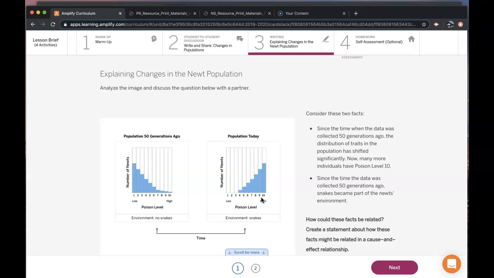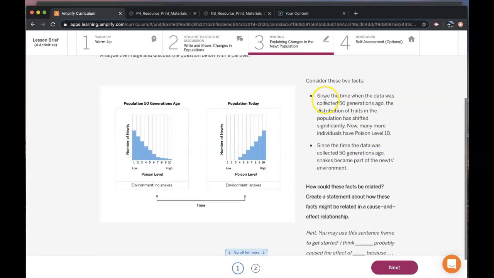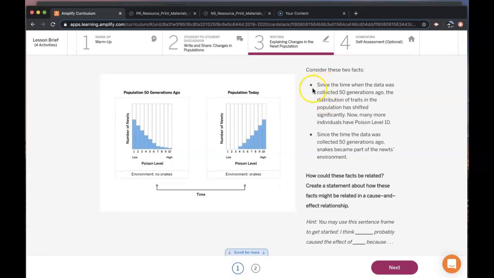So given everything we've learned about populations, variation, and trait distribution, we're going to review the evidence we have to think about the causes for this change. So let's consider these two facts. Since the time when the data was collected 50 generations ago, the distribution of traits in the population has shifted significantly.